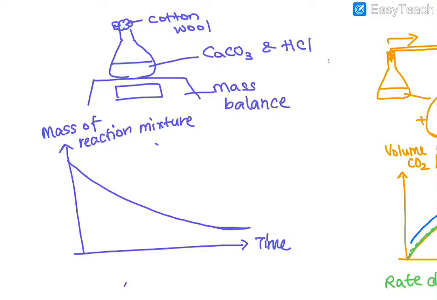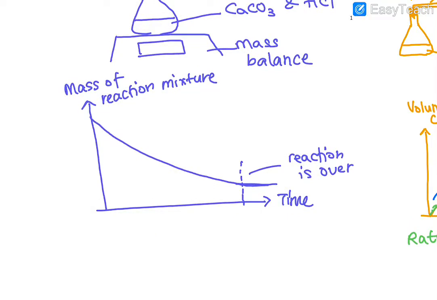At one point when all the reagents have been used up, this point over here, the reaction is over. So as you see here, mass is decreasing with time. So we have an idea of the rate. So the rate of the reaction is decreasing.